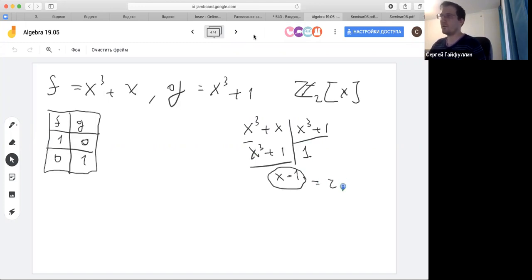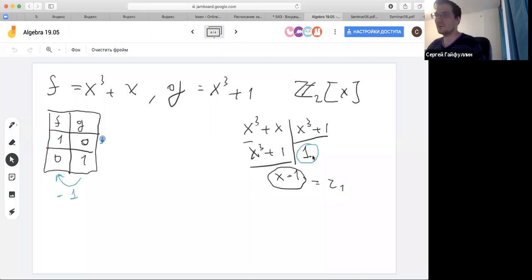And now I have 1 here, and I would, sorry, I would add the second column to the first column with coefficient minus 1, minus the result of division.